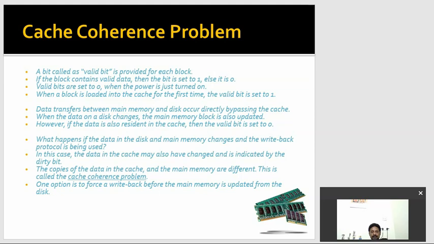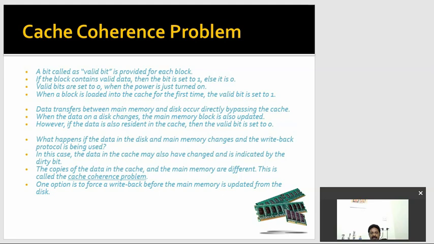Data transfer between main memory and disk occurs directly, bypassing the cache. When the data on a disk changes, the main memory block is also updated. If the data is also resident in the cache, then the valid bit is set to 0.